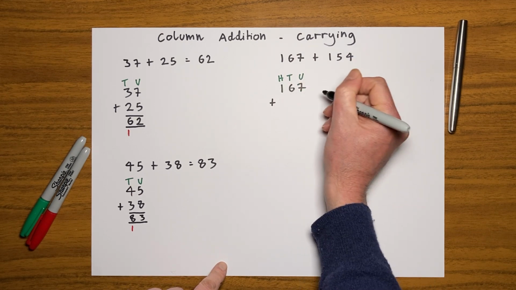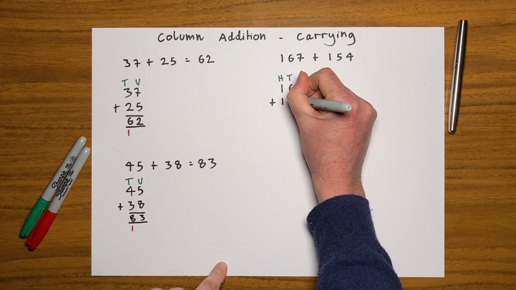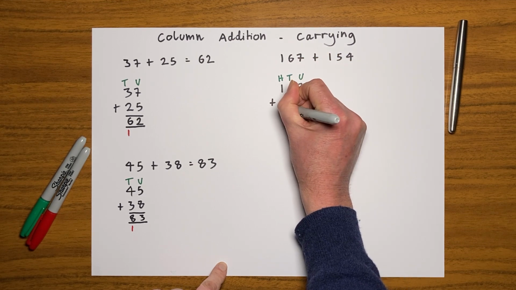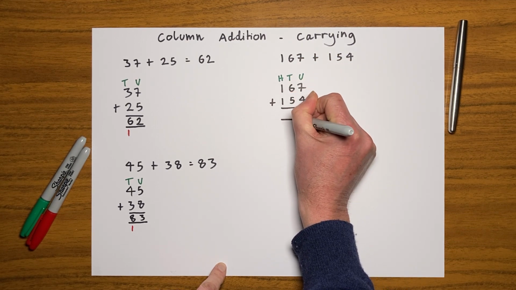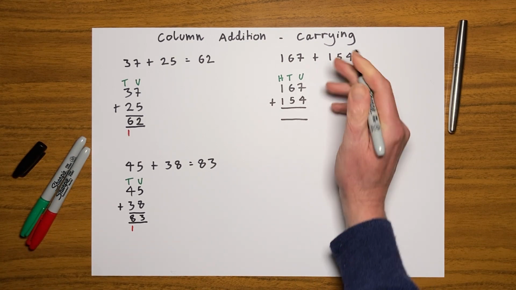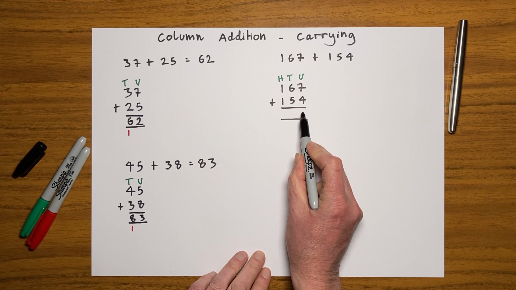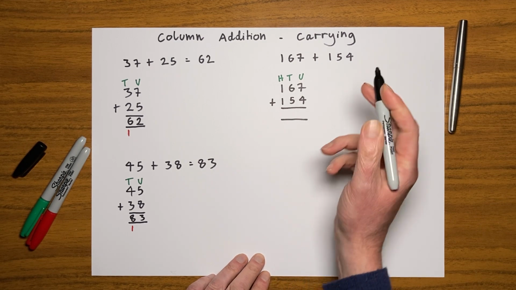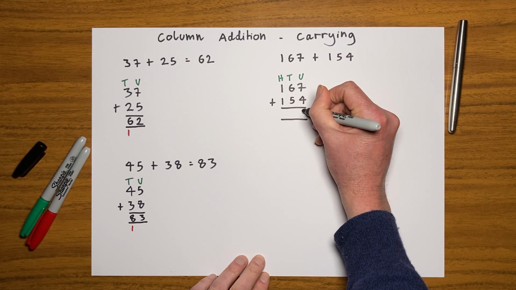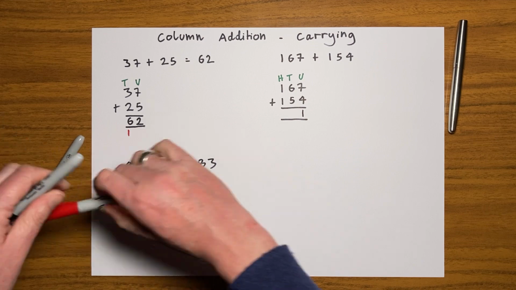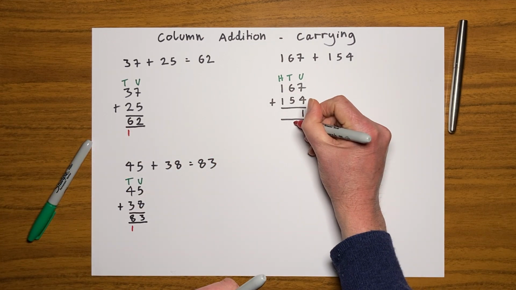Add 154. Put my lines here and let's make a start. So 7 and 4 is 11. Remember, I can only ever fill in one of these digit places at a time. So although it's 11, I can only put the 1 in from the units. That 10 of the 11, I need to carry over, so I'll put it underneath.